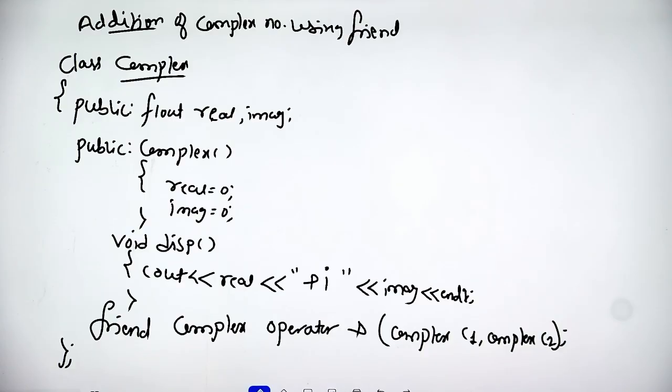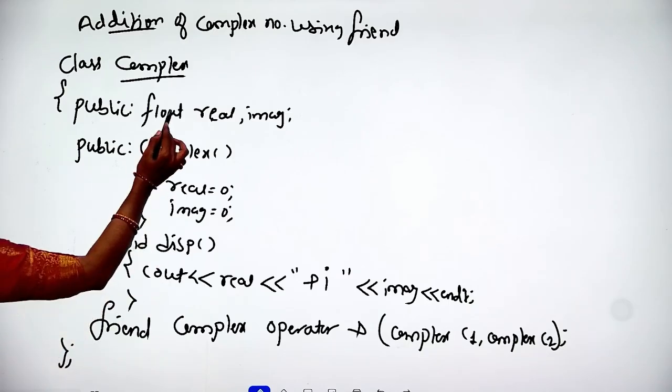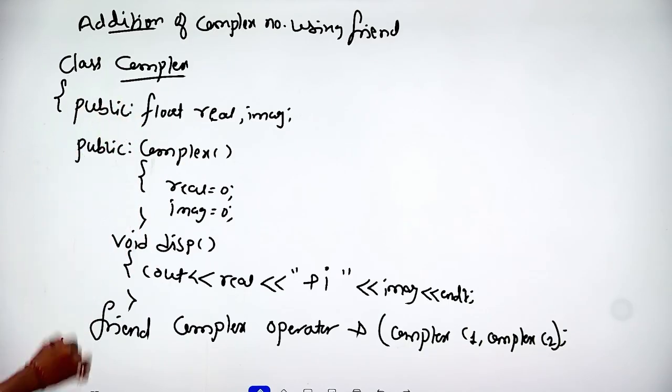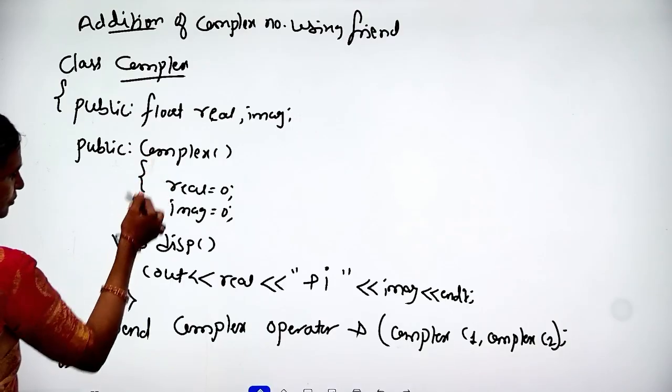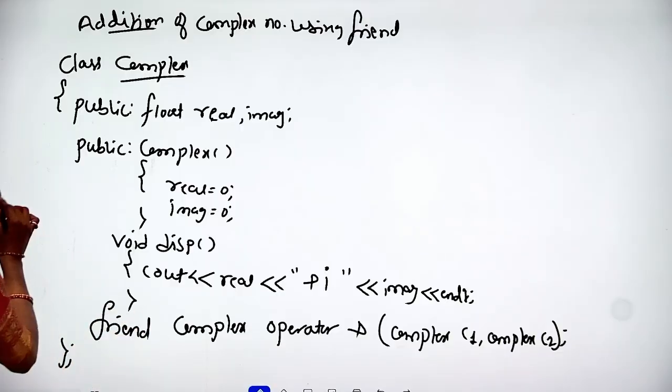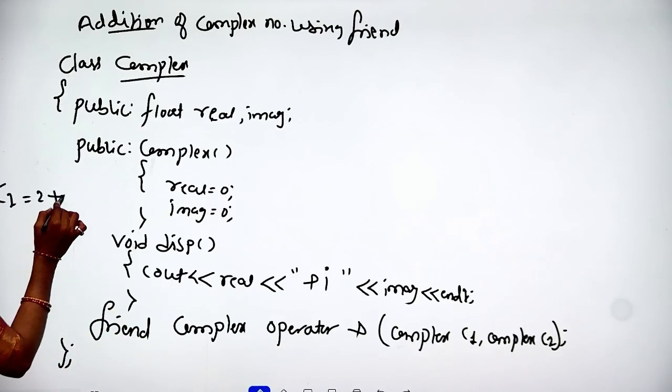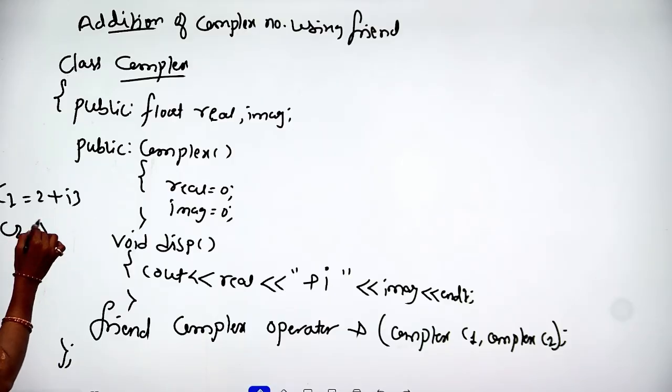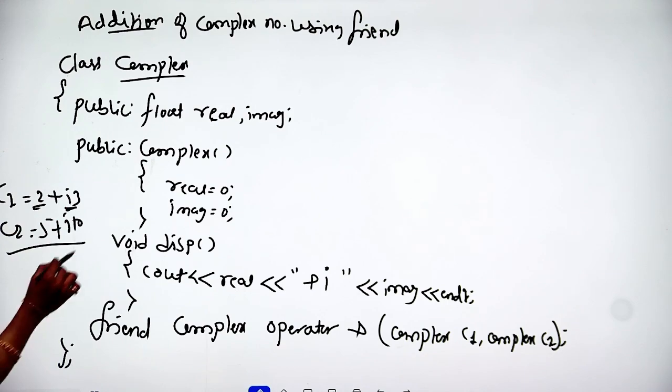I repeat once again so that it is clear and I can go further. Here, in class Complex, we take float, since both are floating point or integer: the real part and the imaginary part. Complex C1 contains 2 plus i3, C2 contains 5 plus i10. The default value of both is 0, 0.